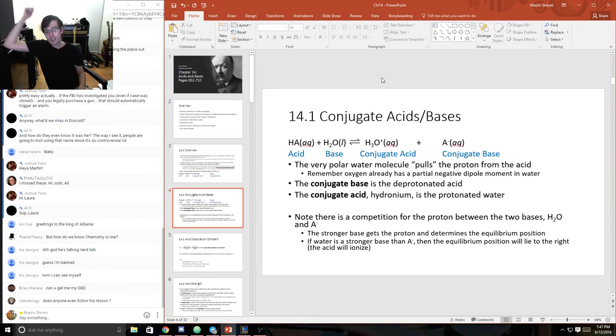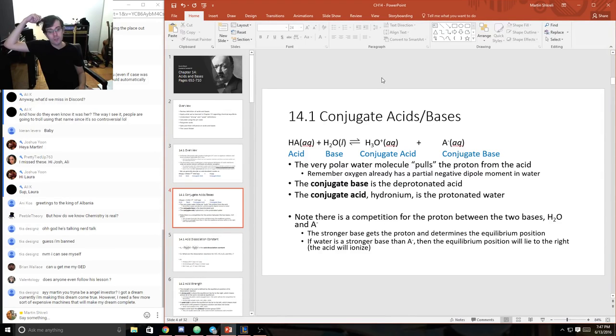Okay, so the next governing dynamic that it makes sense for you to spend some time on is this idea that there's competition for that proton. So you have that acid, and think again about that hydrochloric acid. That's the best way to think about it. And it dissociates. There's competition for the proton. The chlorine's sort of there.